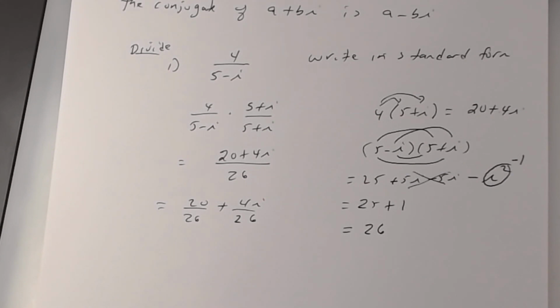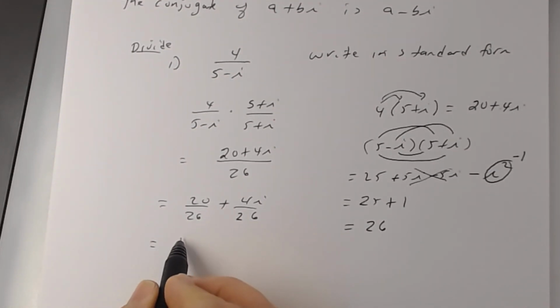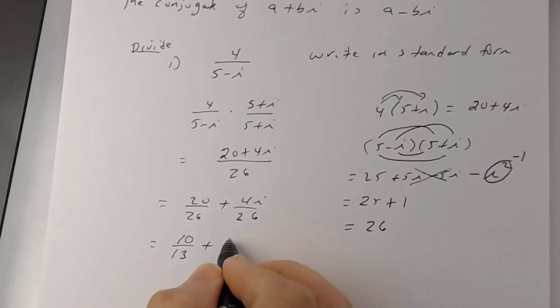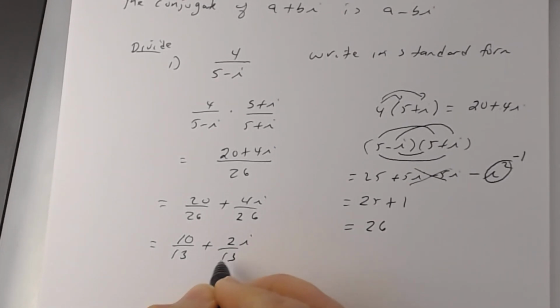And then reduce if you can. What's 20 divided by 26 equivalent to? 10 over 13. What's 4i divided by 26 equivalent to? 2i over 13.